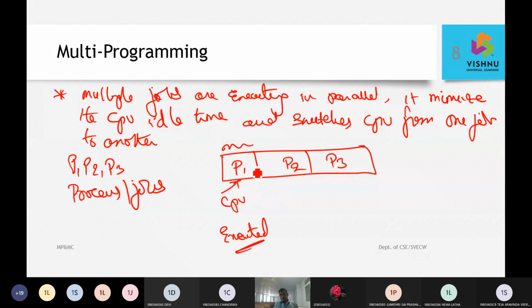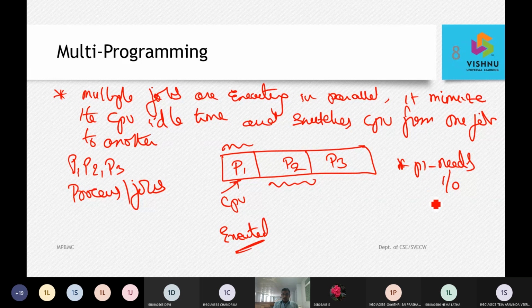Later on, P1 needs IO. P1 needs IO. So how is this IO addressed? At this point of time, how is IO going to be managed?